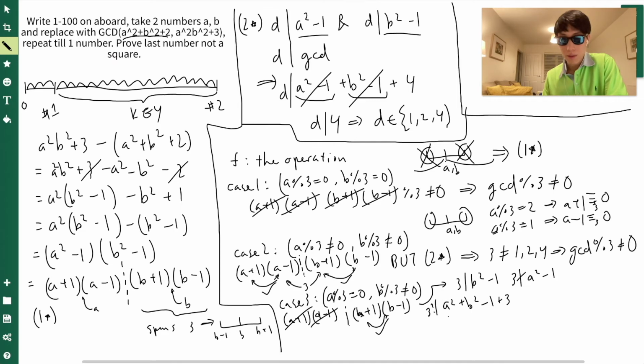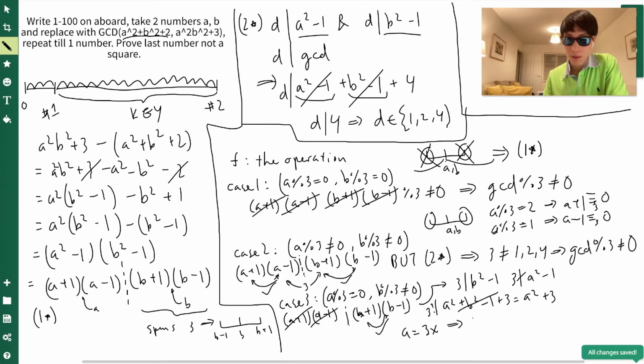Well, we know 3 divides b squared minus 1, so this gets canceled out, and that's going to equal a squared plus 3. And here, we know from our case that 3 divides a. So that means you can write a equal to 3 times x, for example.